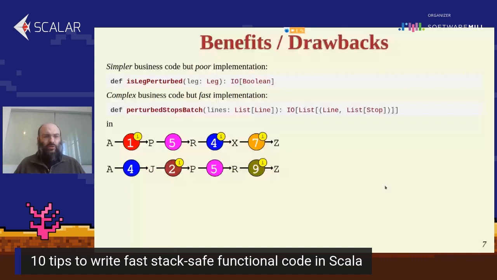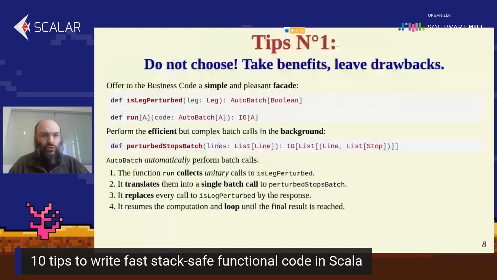In the example, you see line 4 is repeated in the 2 routes, and we want to call the API only one time on line 4, and not 2 times. So that's a problem. My first tip to you is: when you have a situation where something is simple but slow, and something else is fast but complex, don't choose, take both.